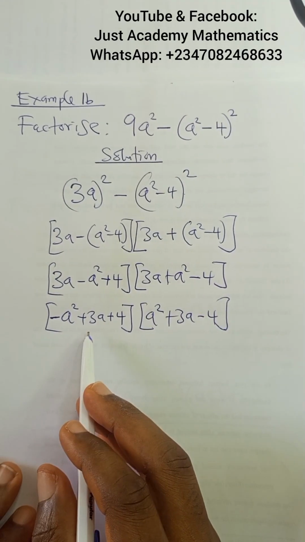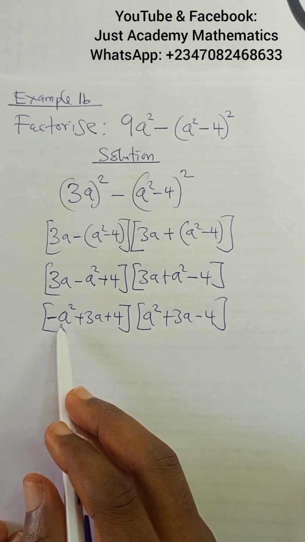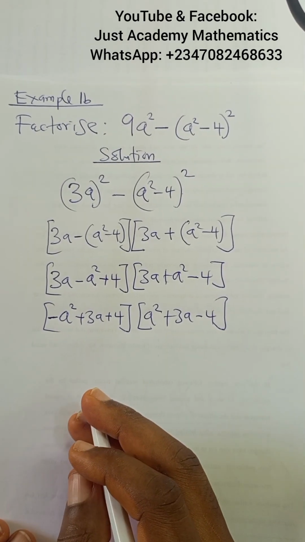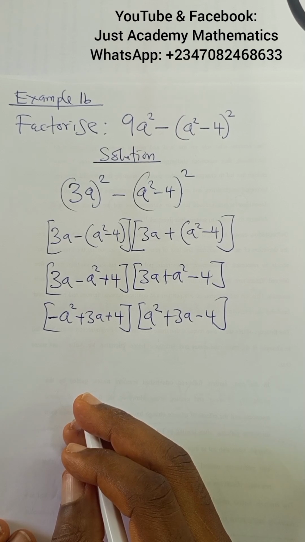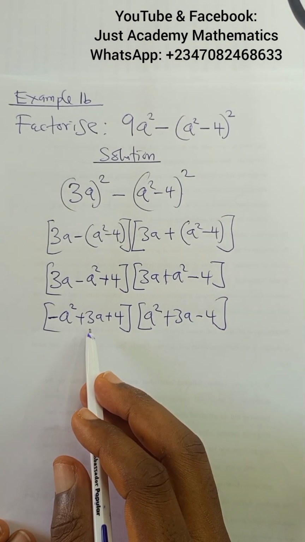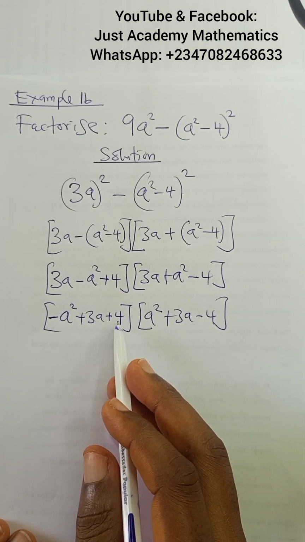Let's factorize this. Let's see if it can be factorized. Add to give you 3, times to give you minus 4. That should be minus 4 plus 1. No, 4 minus 1. 4 minus 1 is 3. 4 times minus 1 is minus 4.